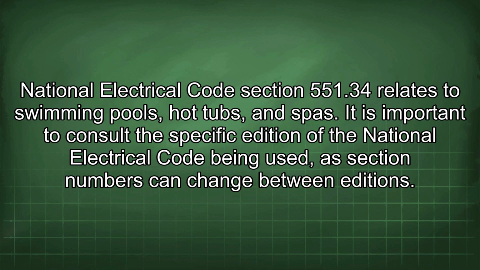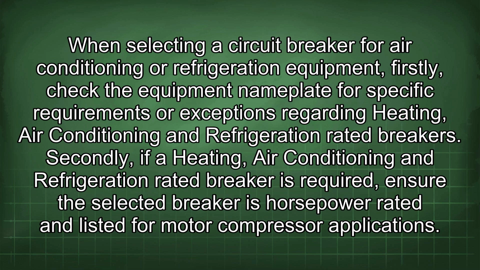It is important to consult the specific edition of the National Electrical Code being used, as section numbers can change between editions. When selecting a circuit breaker for air conditioning or refrigeration equipment, firstly, check the equipment nameplate for specific requirements or exceptions regarding heating, air conditioning and refrigeration rated breakers.